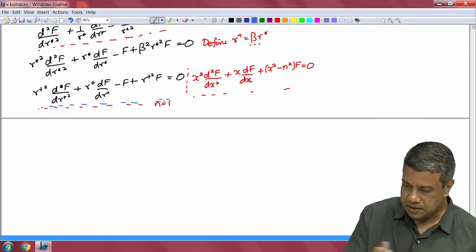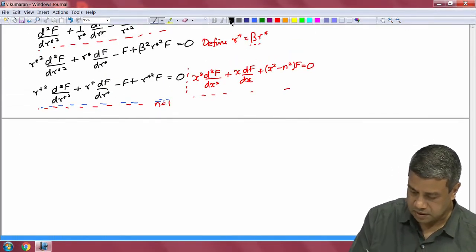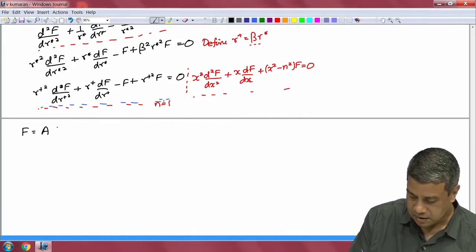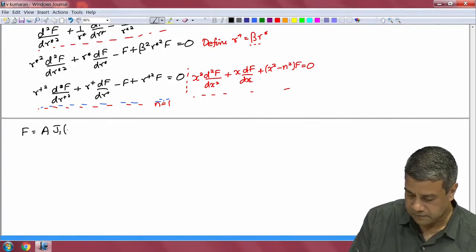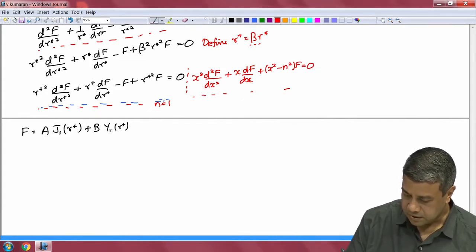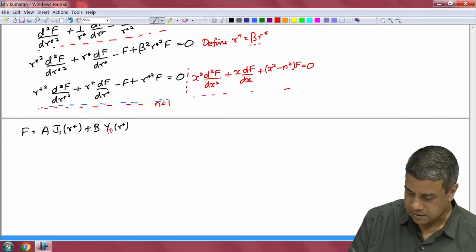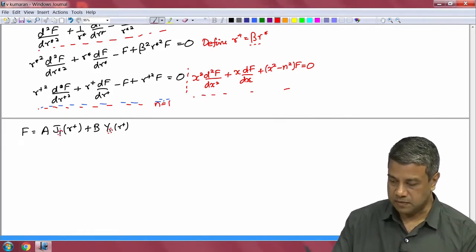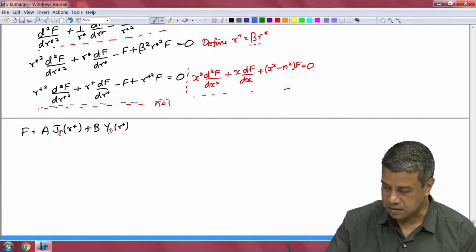And that implies that the solution f has got to be equal to some constant a times J1 of r plus, plus b times Y1 of r plus, where this subscript 1 implies that it is the solution of the Bessel equation with n equal to 1.